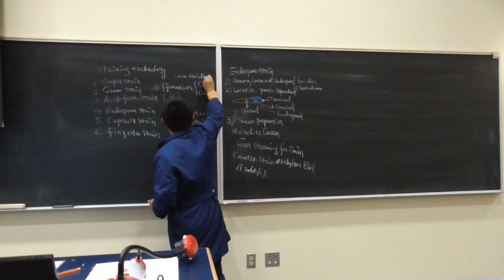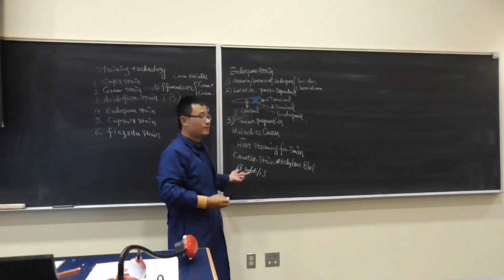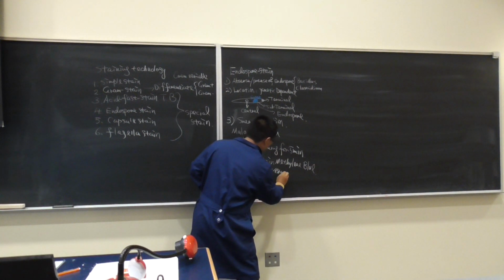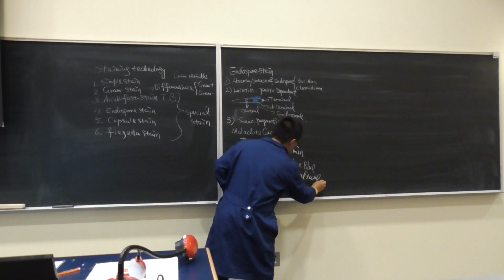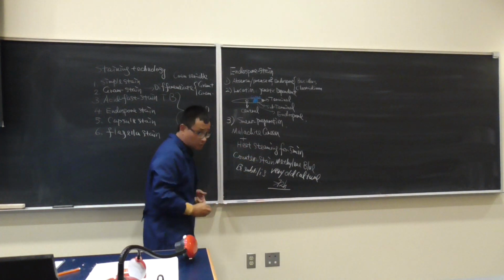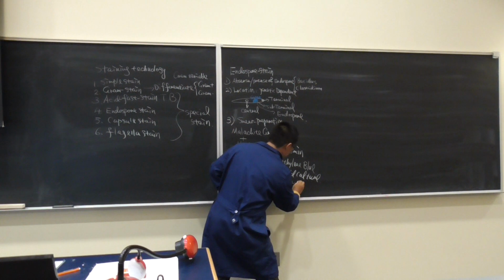And we did this in the lab also. However, for the endospore, we want the bacteria to form the endospore. Therefore, this needs a very old culture. Now, how old is it? At least 72 hours old. Most of the time in the lab, we grow it about a week.